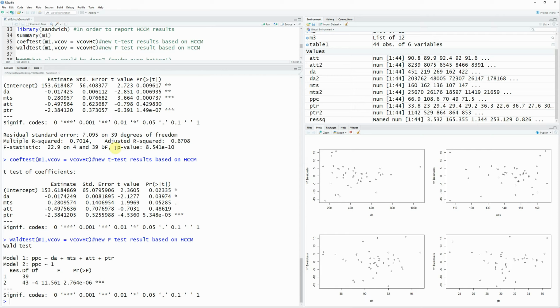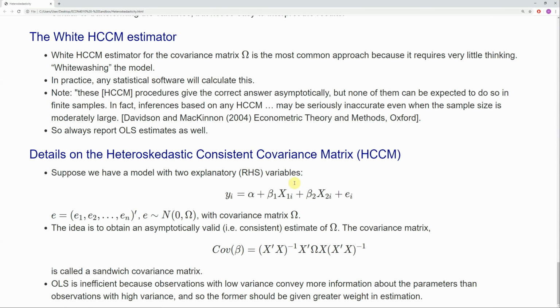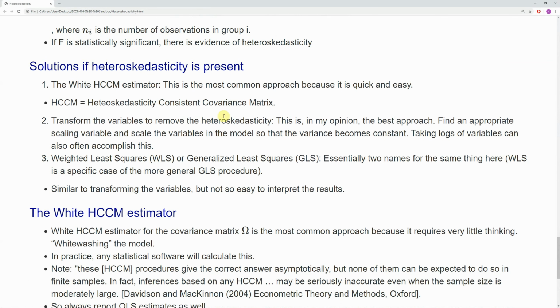So our F-test is significant too, but if you compare the p-values, this is on the order of 10 to the power of minus 10, this 10 to the power of minus 6. So still very significant, but less significant. Now, as we pointed out in this part, this is not really my favorite way of handling this. This is also a lazy way, so it's quick and easy to do it and get away with it, get done with it.